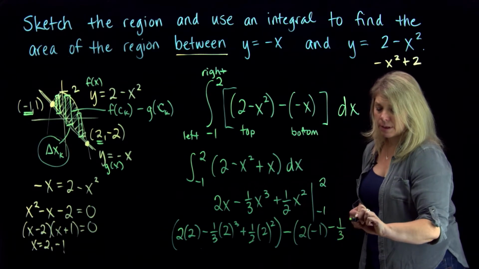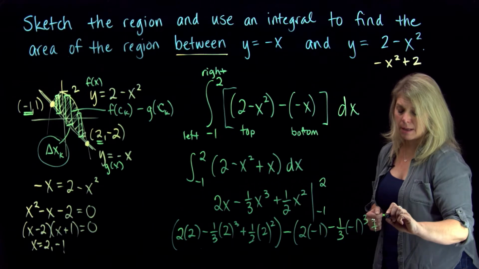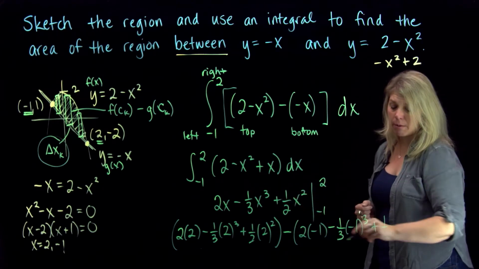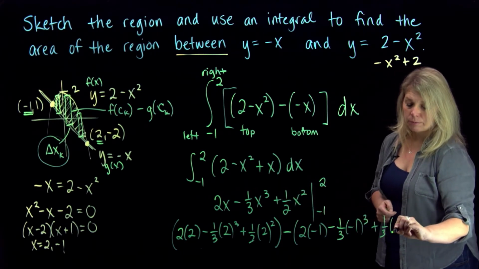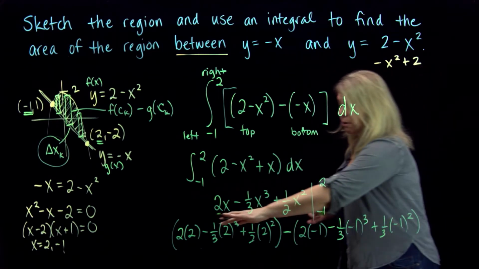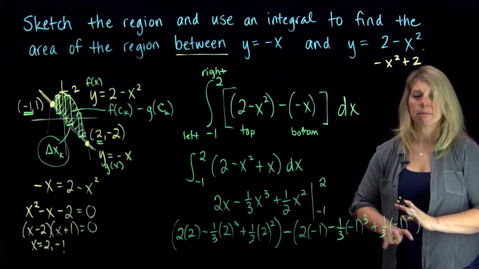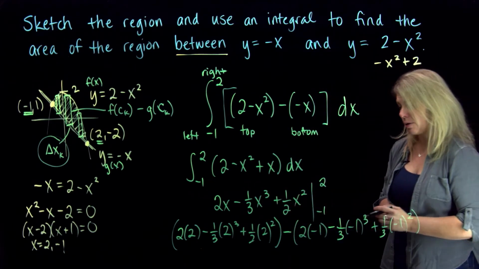Be careful with all the minus signs and the exponents and the negatives, so that you evaluate -1 to a power correctly. Okay, so then you just want to go ahead and evaluate all this. Sometimes maybe getting out your calculator at this point is okay.